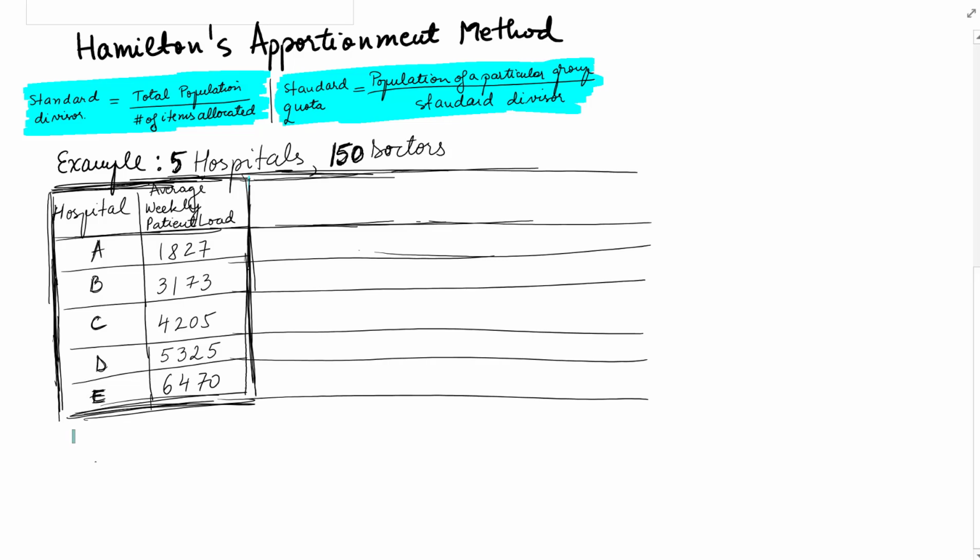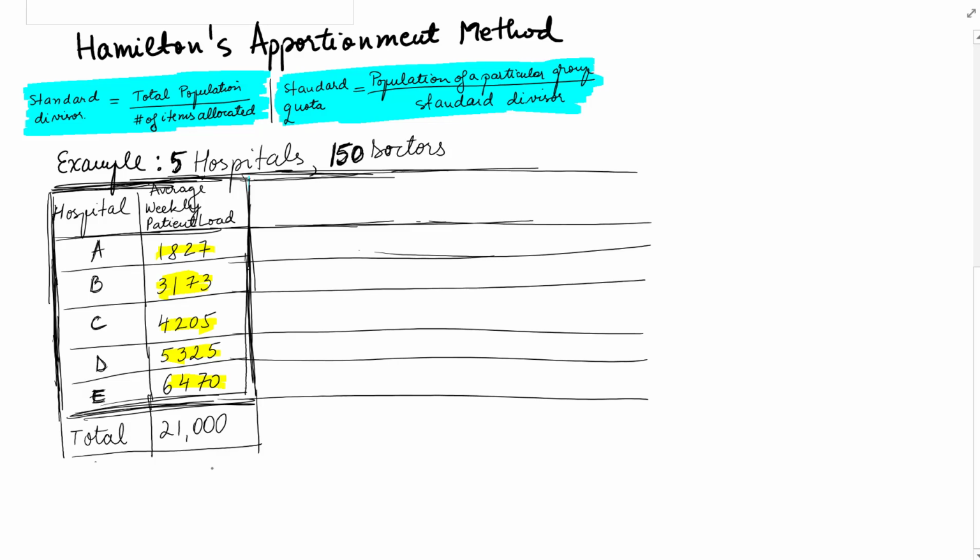But anyway, let's start by calculating the total. So the total number of patients in all the hospitals is adding all up. So we have to add up this column, add all of them up, and end up with 21,000. So we have 21,000 patients in total.